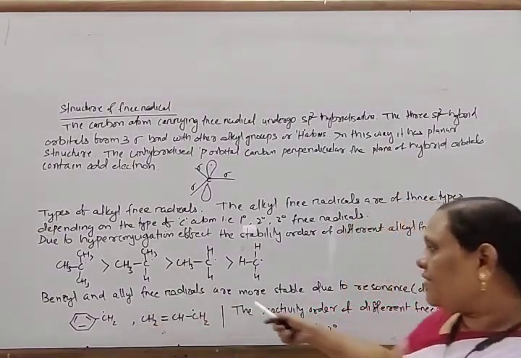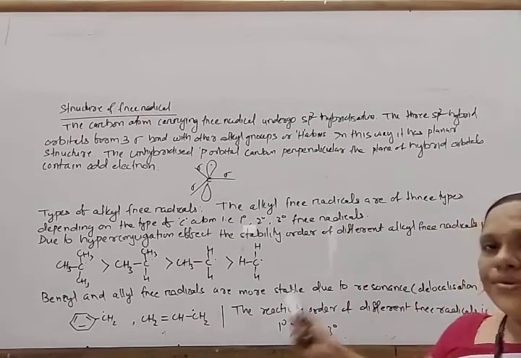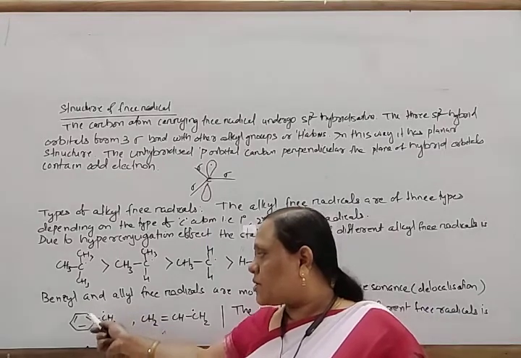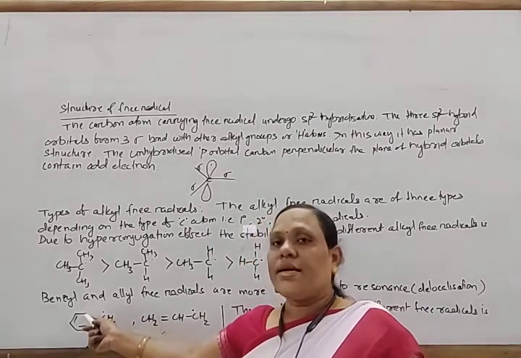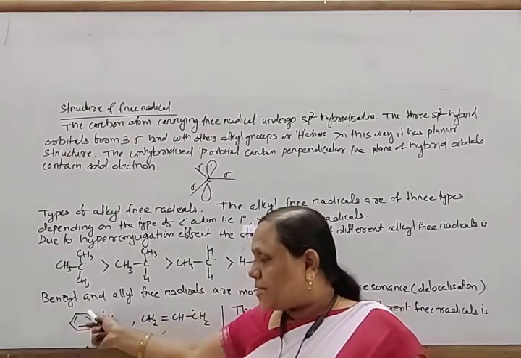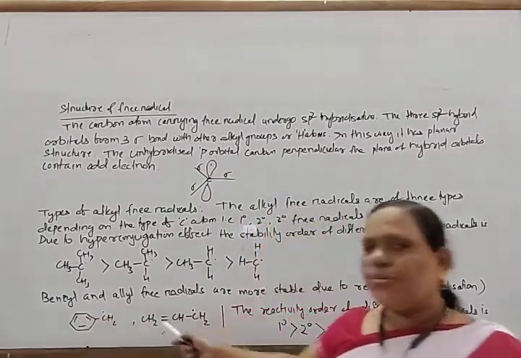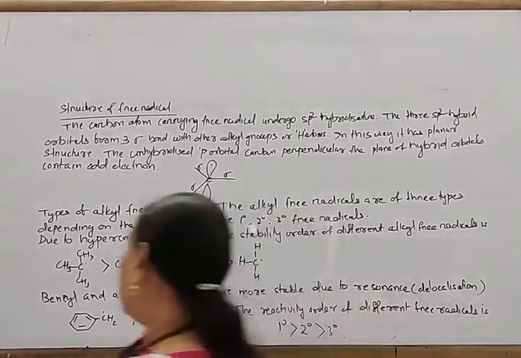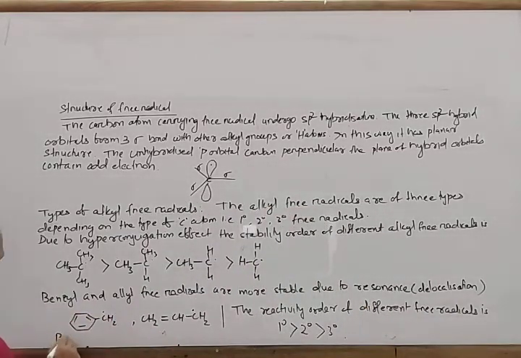Benzyl and allyl free radicals are also more stable due to resonance. So this undergoes delocalization again. Here this one comes here, this one comes here. In this way, one free radical is created here. In this way, due to so many resonance structures, this benzyl free radical is more stable than the alkyl free radicals also.